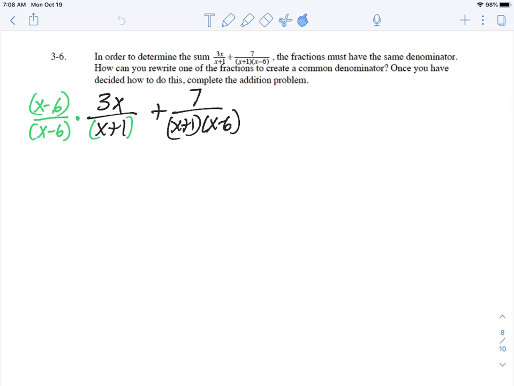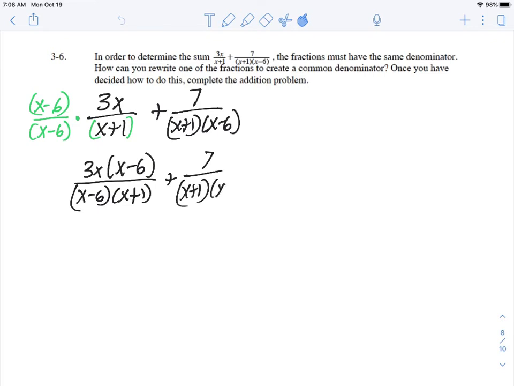That gives me 3x times x minus 6 over x minus 6 times x plus 1 plus 7 over x plus 1 times x minus 6. Add your numerators together.